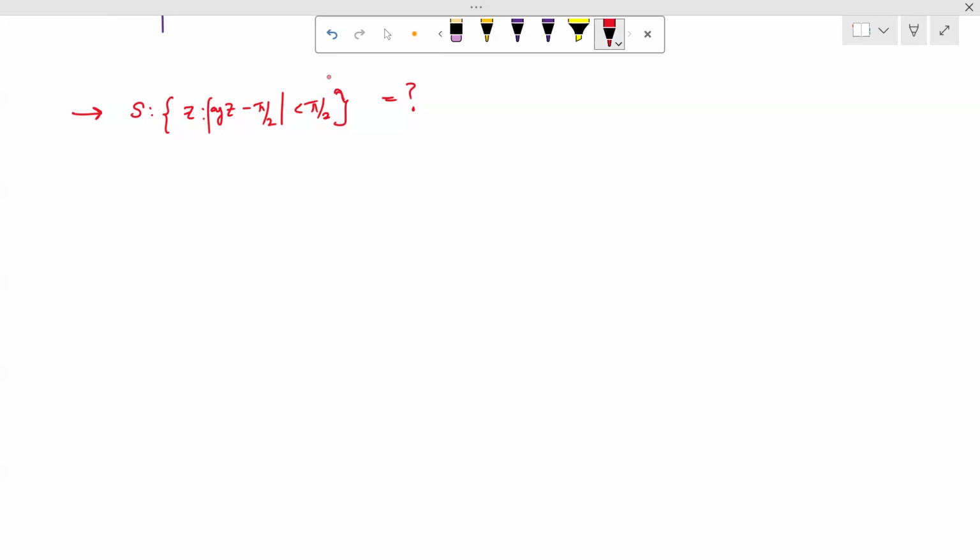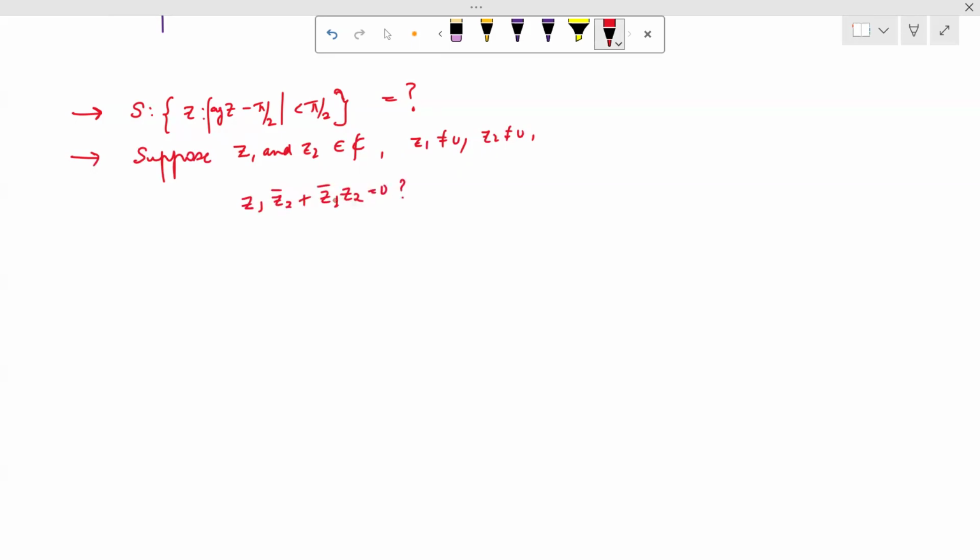And similarly, try to find a few more things I'm giving you. What does this represent? Suppose Z1 and Z2 belong to C, and let's say both of them are non-zero. Then what is the geometrical interpretation of writing Z1 Z2 bar plus Z1 bar Z2 equal to 0?